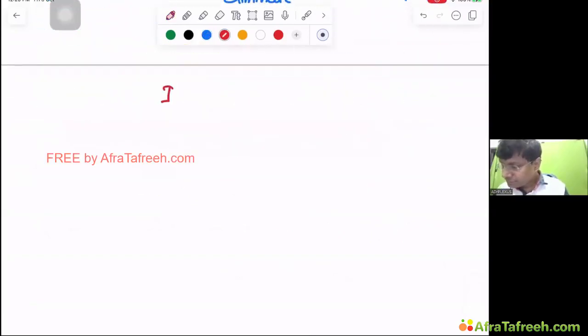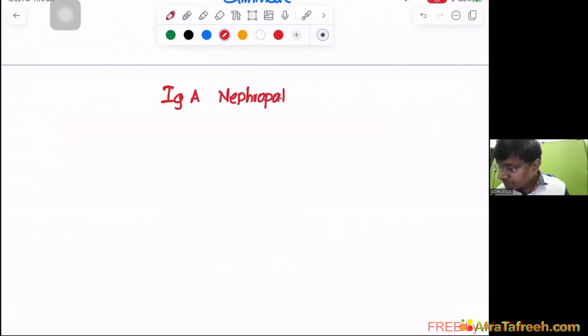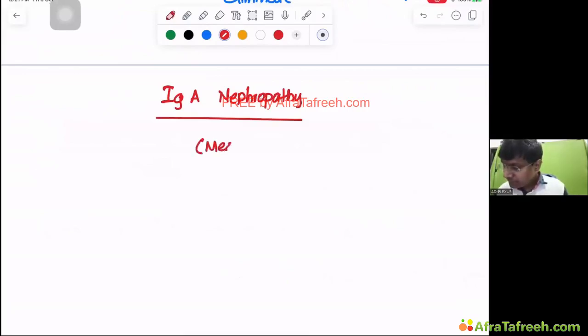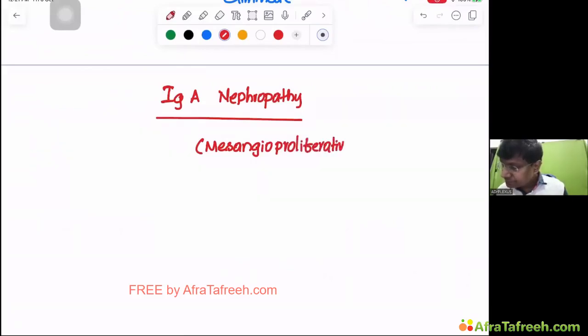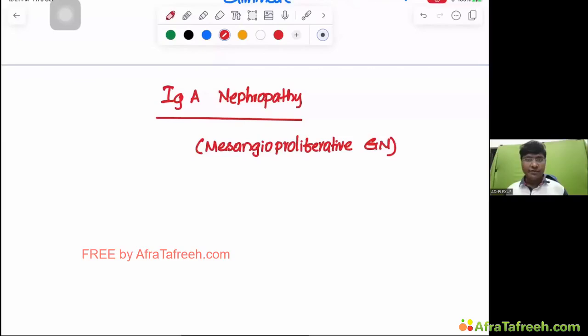Now, if you see this IgA nephropathy, another name for this IgA nephropathy is mesangial proliferative glomerulonephritis. Right, mesangial proliferative glomerulonephritis.